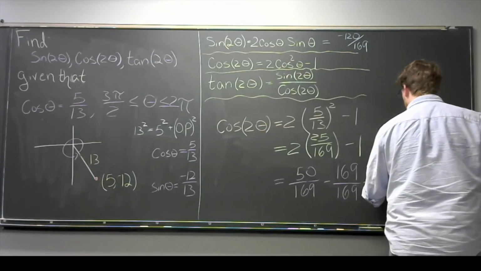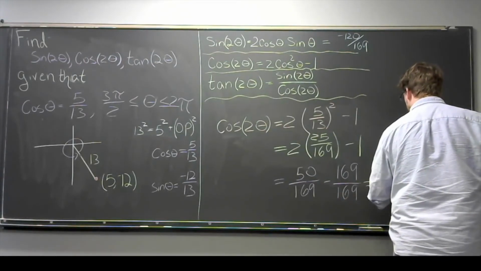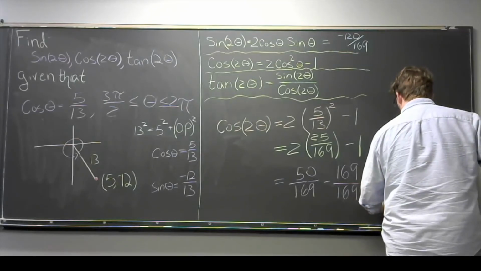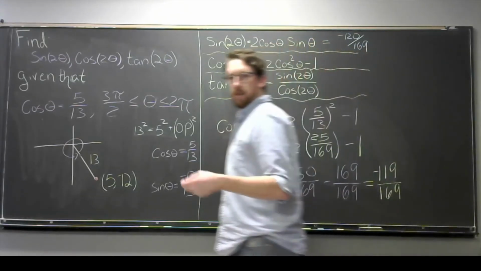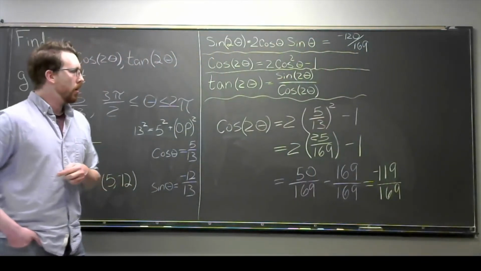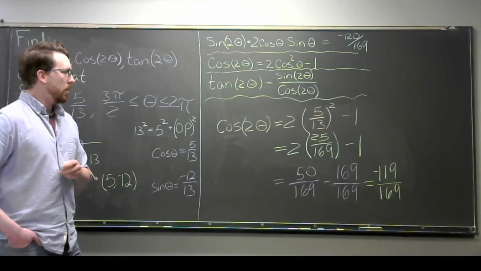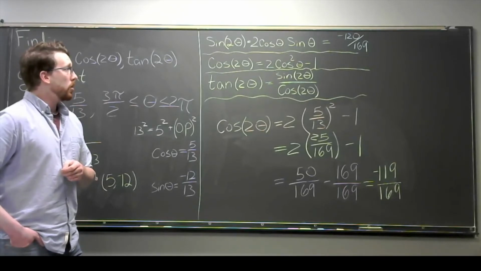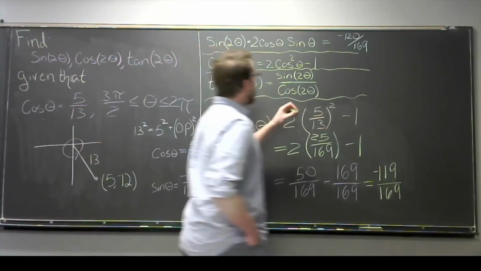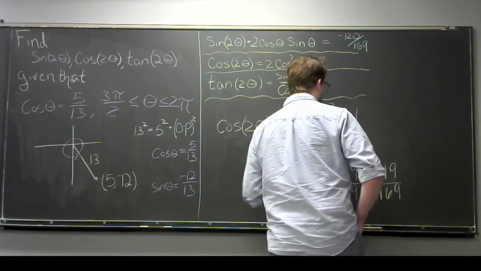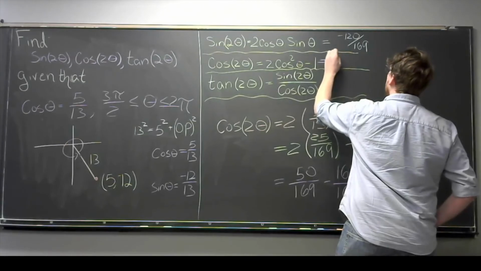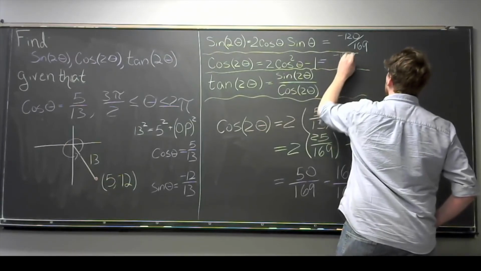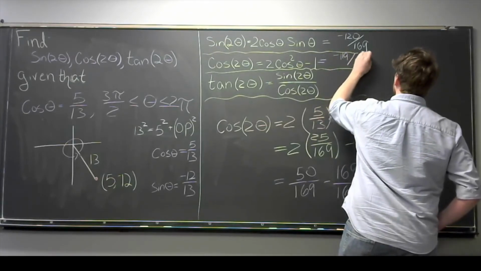This is going to come out to be negative 119 over 169. So now we can come up here and say, all right, we just solved for cosine 2 theta. That is negative 119 over 169.